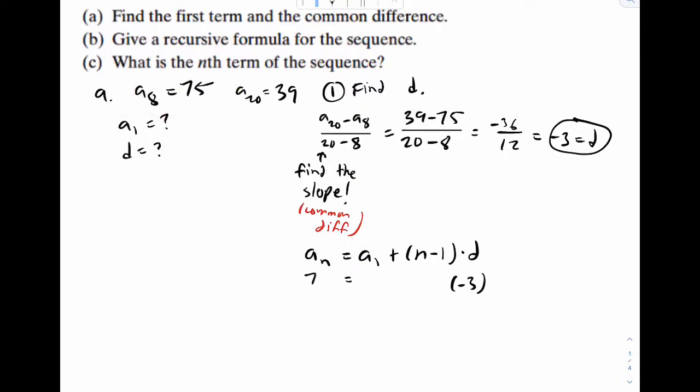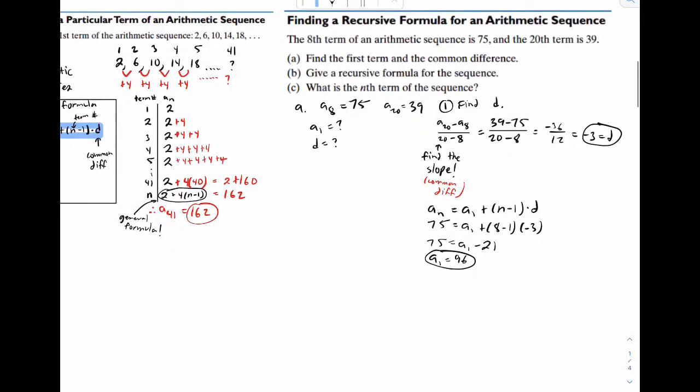So what if I use that? 75 should equal the first term, and that would be the 8th term, so that's 8 minus 1. And now I can solve. So 75 should equal A1, that's going to be minus 21. So A1 must be 96. We did it. Okay, so part A is done.